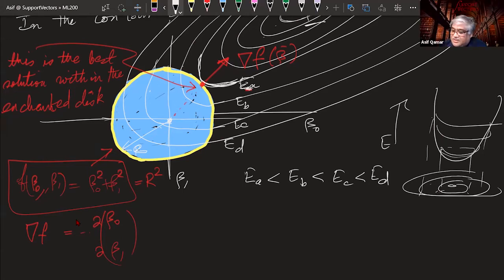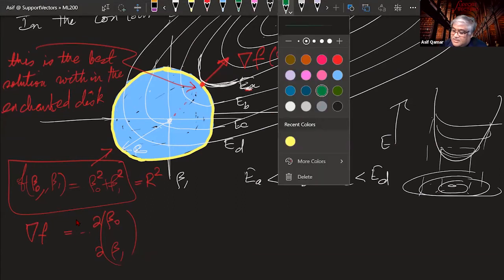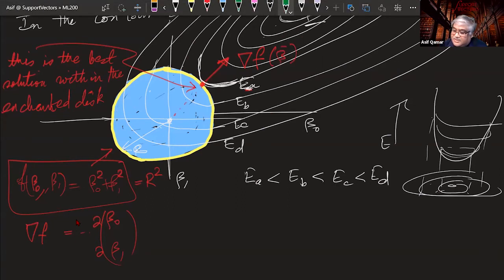Let me use a color that would be visible in this. Maybe green might serve a purpose. Yes, let's take this. So I'll just make it like this. This would be the gradient of the error surface. Would you agree? Yes. The gradient would point like this.